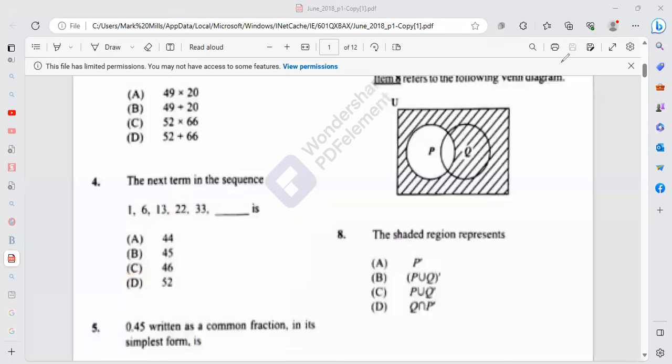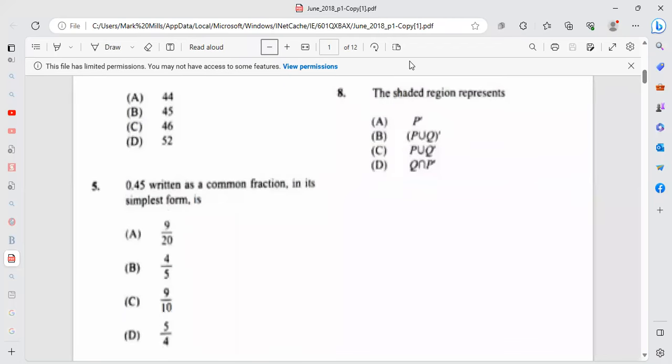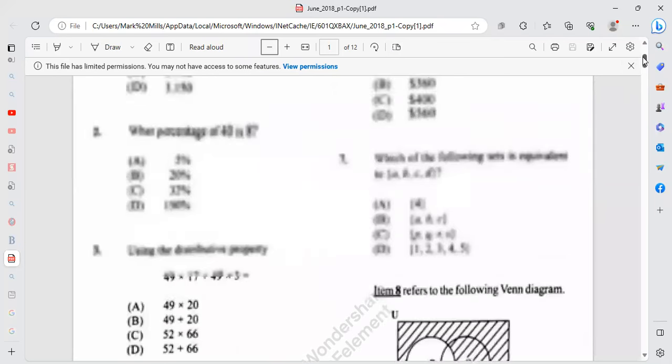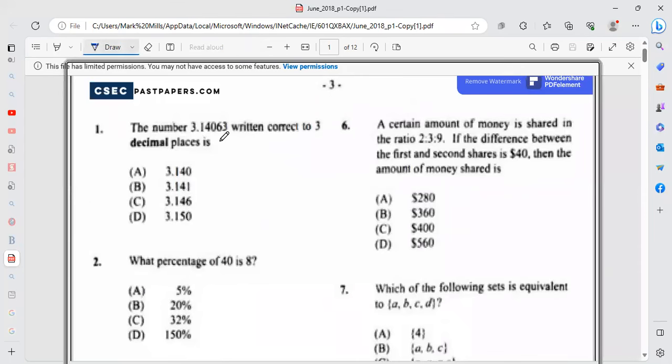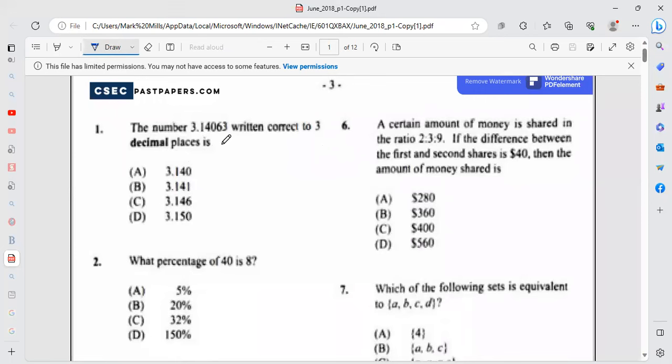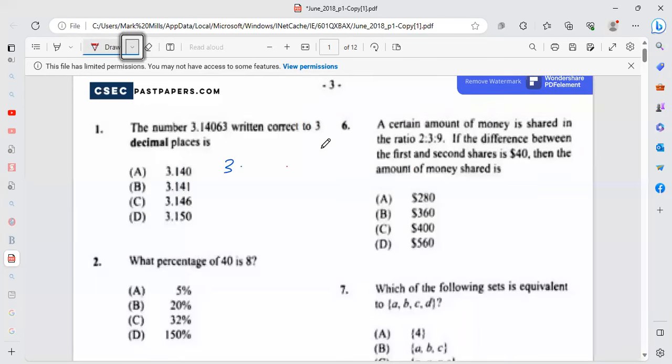Okay, so let's go. We at number 5. Let me just recap. Let me just use this one here. So we see that this one here would have been 3 point, let me just change the color, 3.14063.